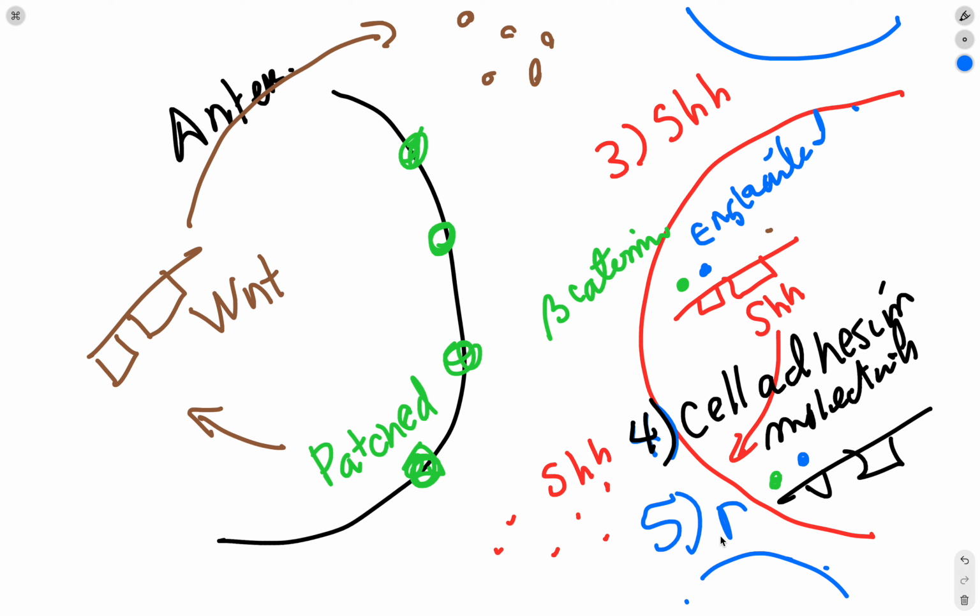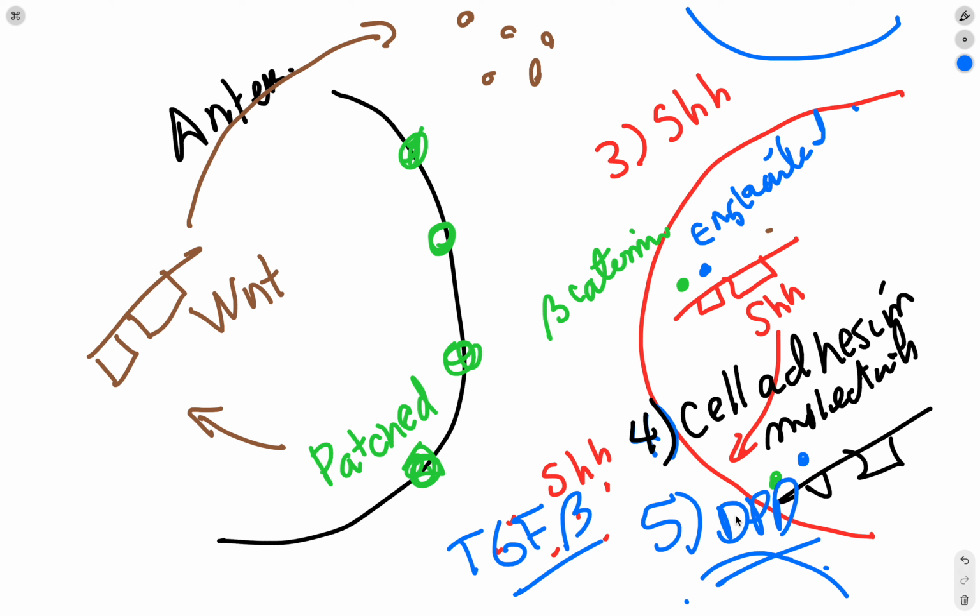DPP doesn't have an ortholog in us, but it's a member of this big gene family, TGF-beta. So we have a TGF-beta family member called DPP.